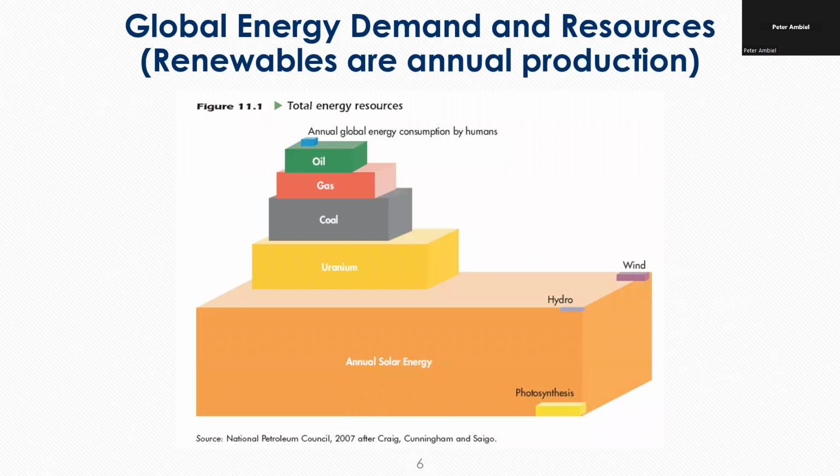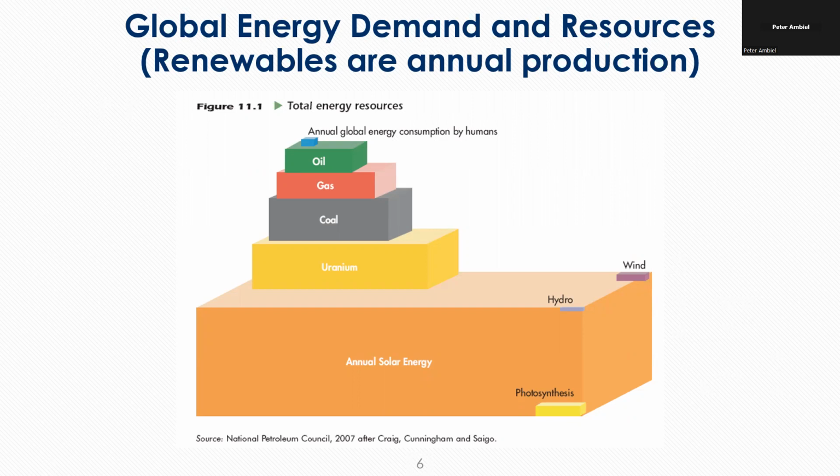There's a figure that folks like to show for global energy demand, which is the blue rectangle right up on top of this stack, compared to the resources that are available, which is slightly different from a reserve.